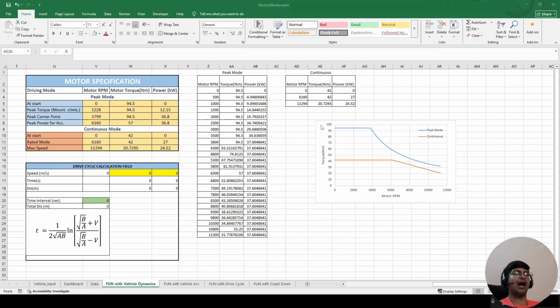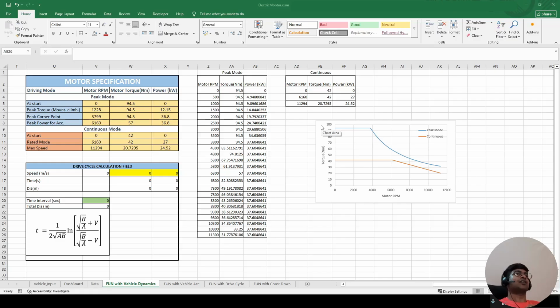After 15 or 12 seconds, the temperature of the motor is going to increase drastically, and that is dangerous to the motor, and hence we cannot operate more than that defined time, which is the 12 seconds or the 15 seconds, and that time we need for our acceleration.